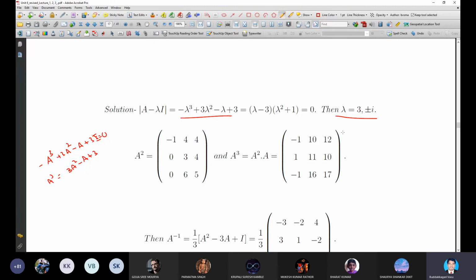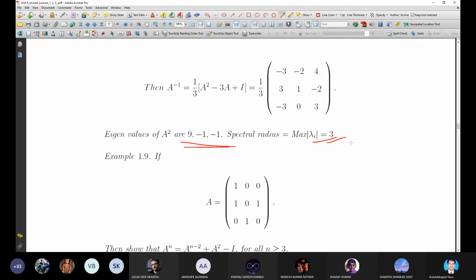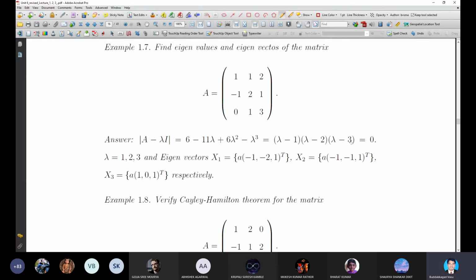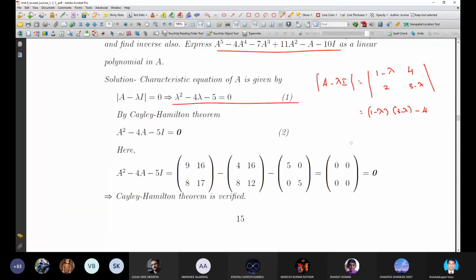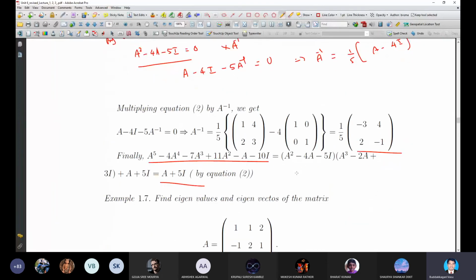Sir, in the example you gave, 1.6, the final equation was of order 5. How did you resolve it? Degree of 5, yes. So we have expressed this in factorized form.